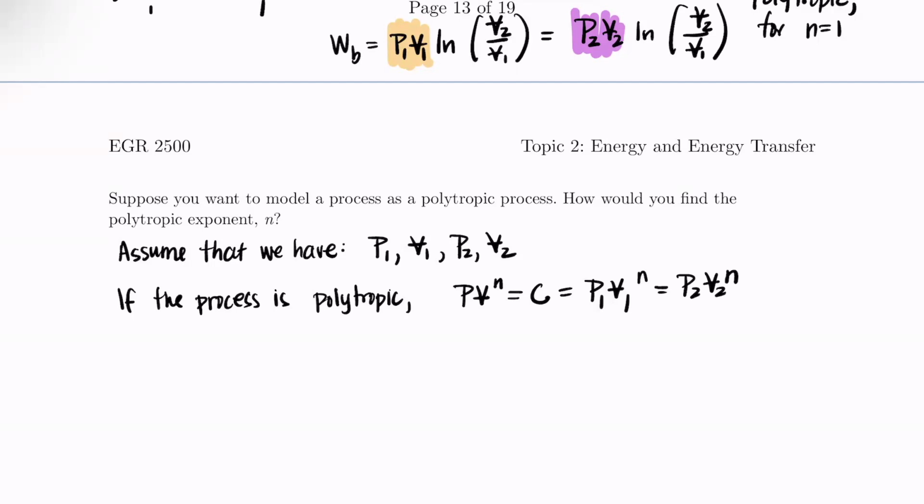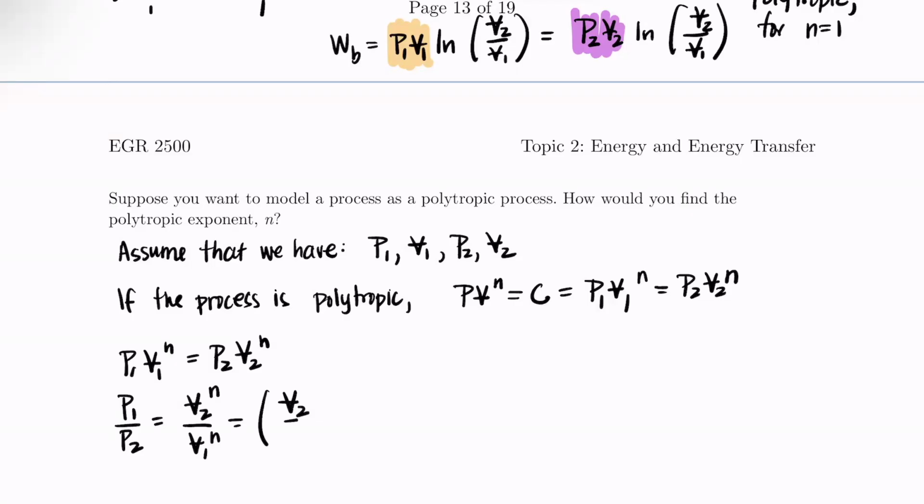So what we're going to do is take our expression P1 V1 to the n is equal to P2 V2 to the n, and I'm going to divide by P2 and divide by V1n, so I get my pressures on one side and my volumes on the other. So I have P1 over P2 is equal to V2 raised to the n divided by V1 raised to the n, which is just like the quantity V2 over V1 raised to the n, right?